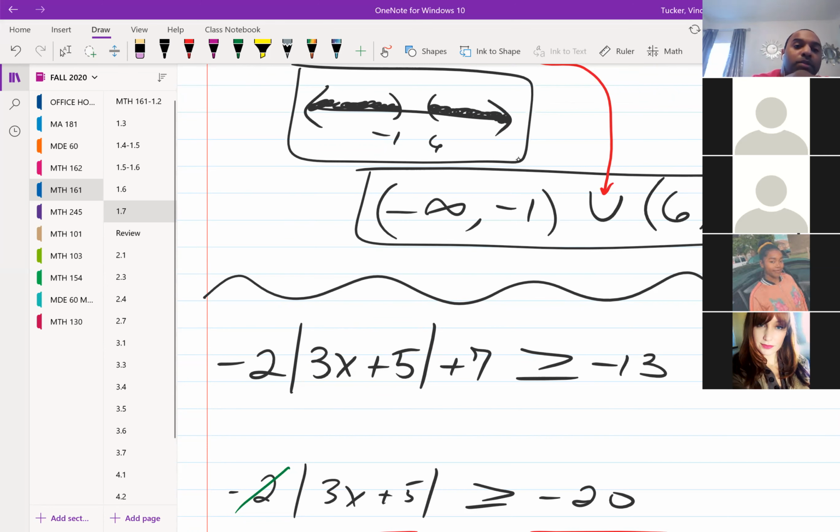So the first thing we'll do is subtract 7 from both sides. 7s will cancel. And that'll leave me with negative 2 times the absolute value of 3x plus 5 greater than or equal to negative 20.